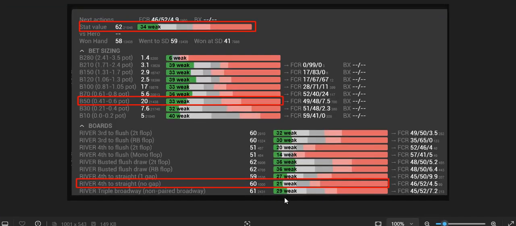This is the MDA for donk pot bet for a single raised pot, out-of-position preflop caller. So what do we see here? We see that it is over-bluffed, unless it's bet 100, which is GTO-ish. Now 120 should be 35 weak.